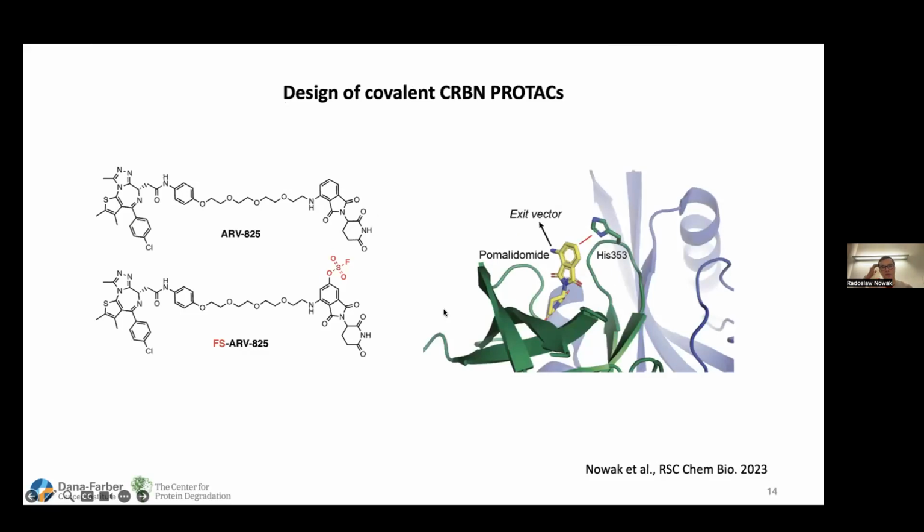But what I wanted to talk to you today about is design of covalent cereblon PROTACs. So we were wondering if we can take this idea of covalently engaging histidine 353 and then develop molecules that would be able to target that histidine 353 and therefore maintain occupancy on the ligase while being able to recruit novel targets through a PROTAC moiety.